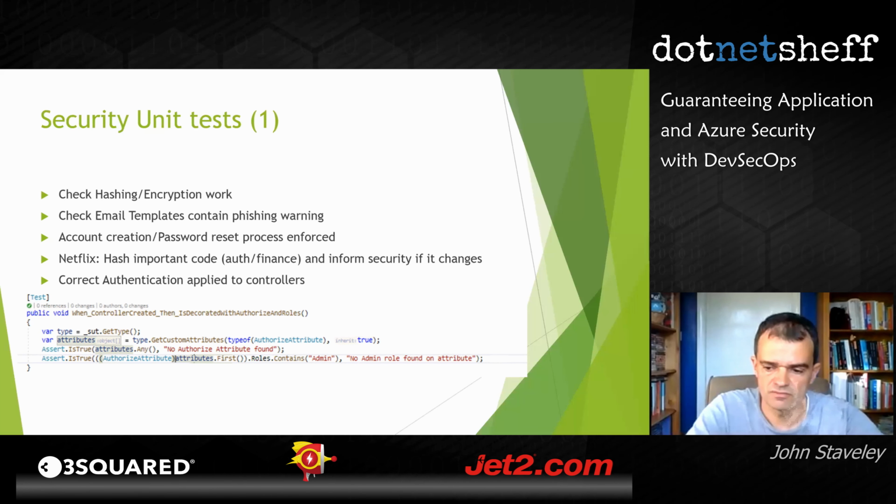And finally, there's a test that checks that the correct authentication is applied to controllers. So it goes through each of the controllers and checks that there is an authorize attribute applied to them. And on this particular one, that there is an admin role assigned to that. So if a developer comments it out for whatever reason, it'll start failing this test.